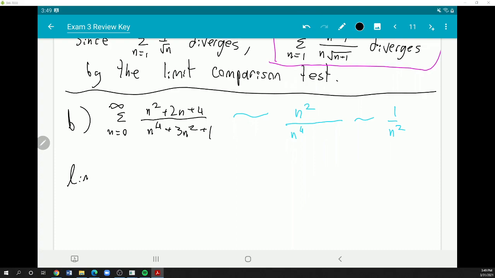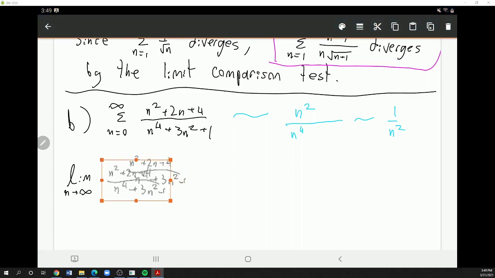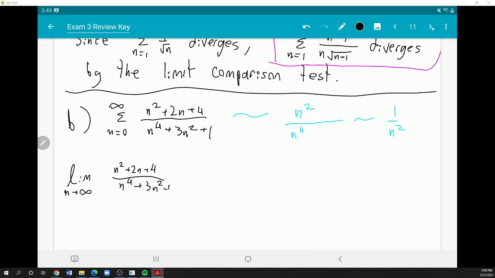So I look at the limit as n goes to infinity of this fraction plus 3n squared plus 1, and then I'm going to divide by the other fraction. Remember, if I'm dividing by a fraction, then I'm multiplying by the reciprocal. So I get n squared over 1.